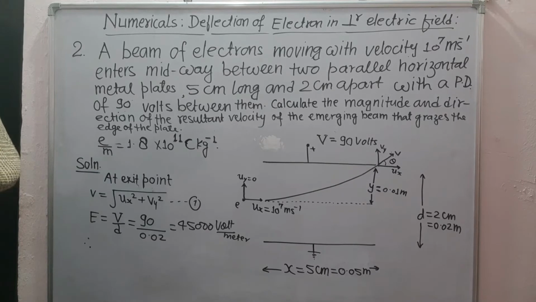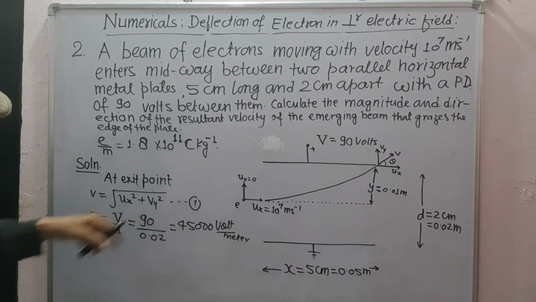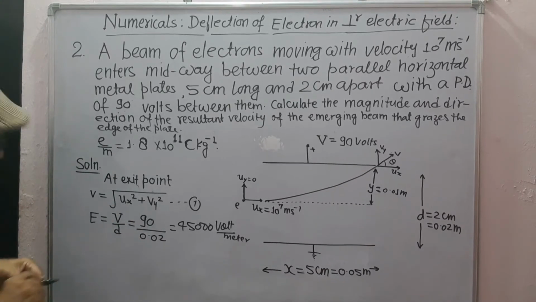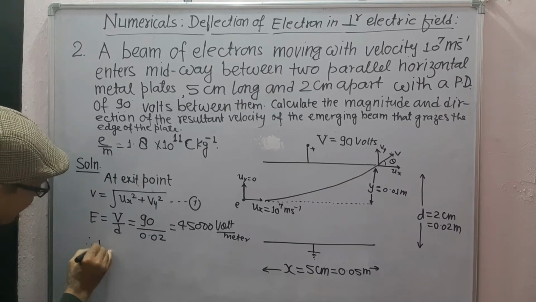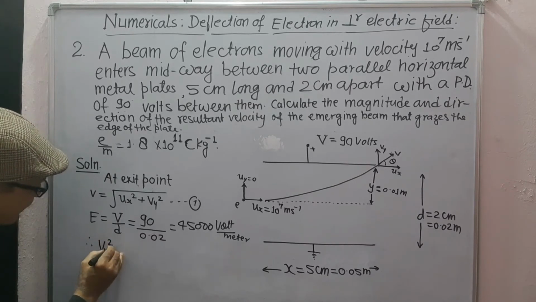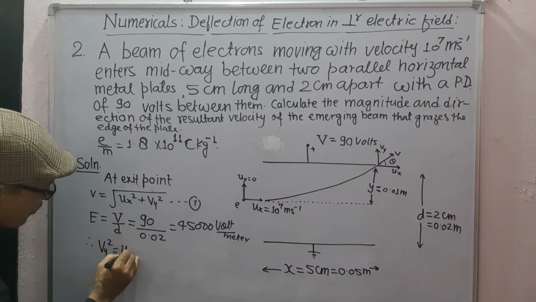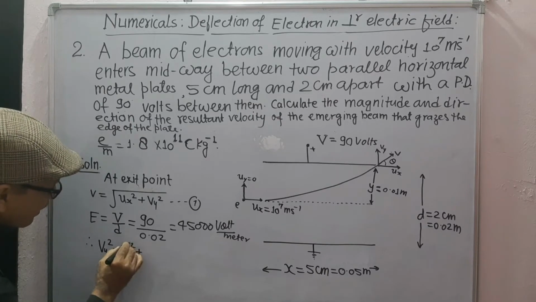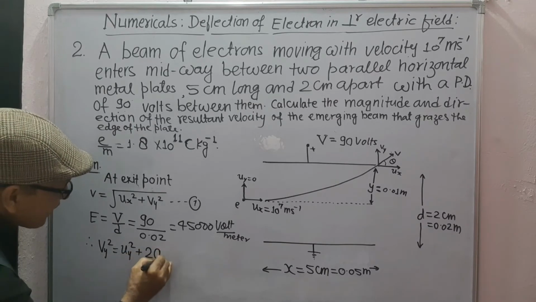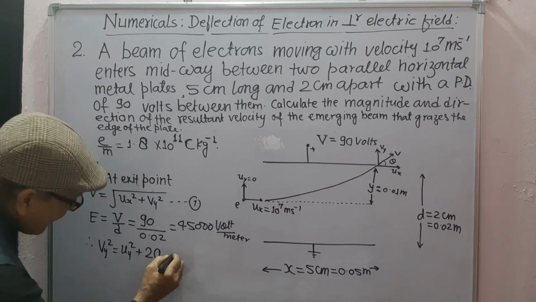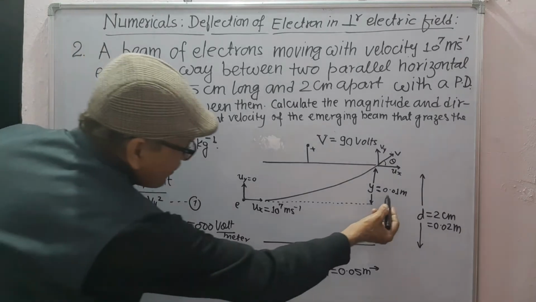Therefore, v_y square will be equal to u_y square plus 2 a_y s, where s is equal to y.